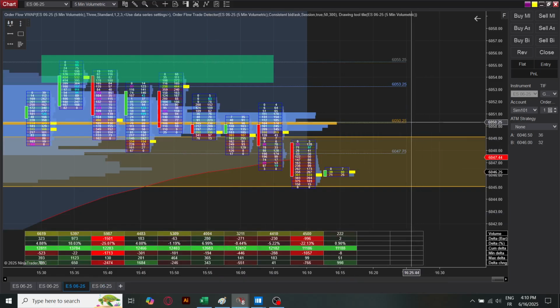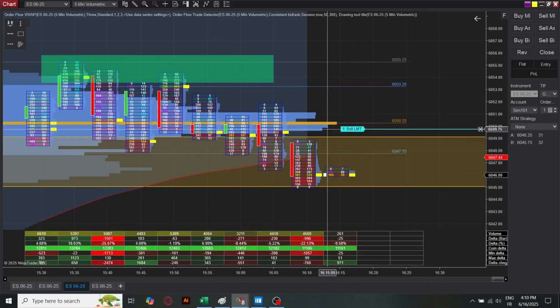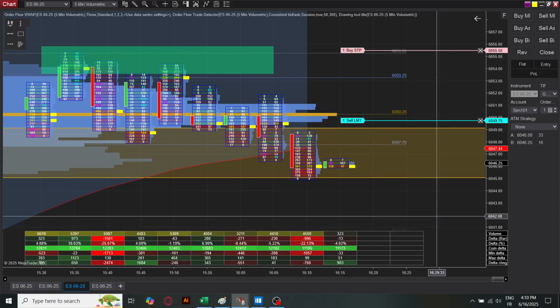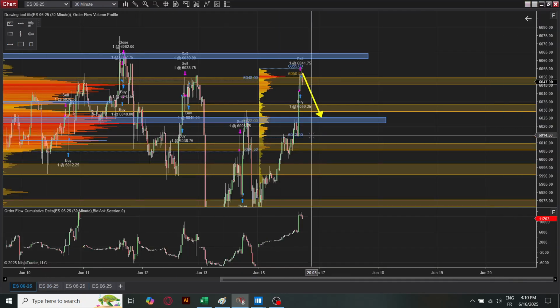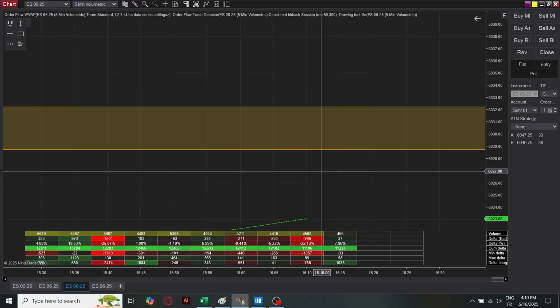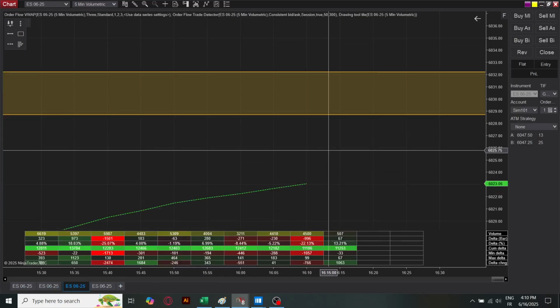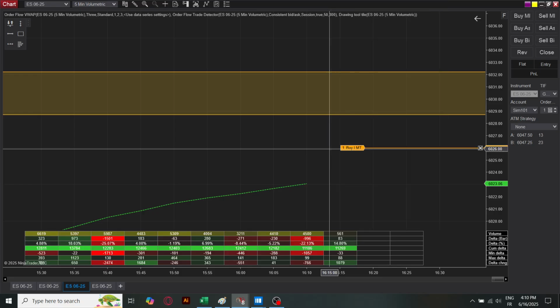I am bearish. I have a sell limit order submitted here. I'll put my stop loss here. This is 6 points. And I will target 26, which is about the mean. So this is submitted.